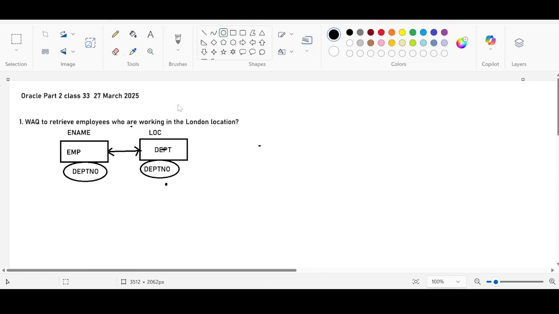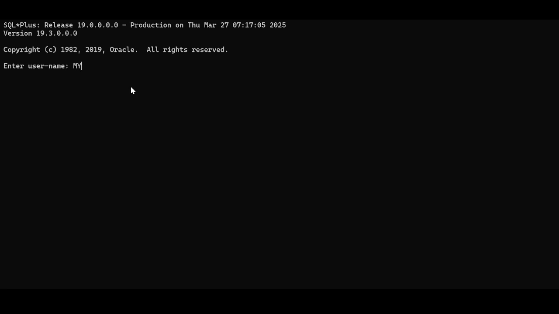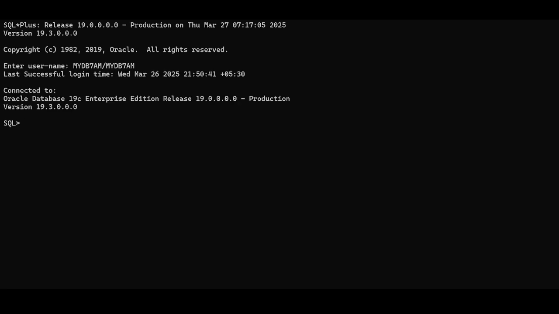Login has been successful, right? Now let me set pagesize 100, and set the linesize.